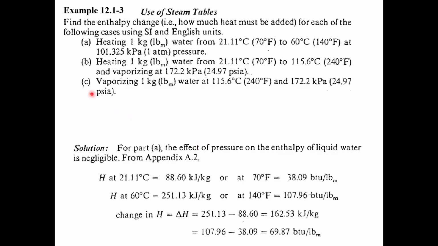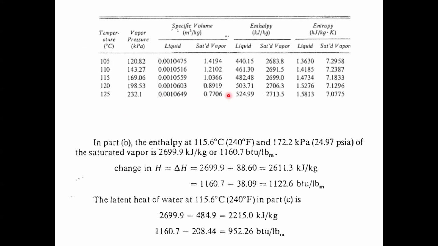Part C is exclusively about vaporizing water at 115.6 to vapor at the same temperature, a change of state. So how much energy is needed? You just fish out the enthalpy of the liquid and the vapor at that temperature, 115.6.